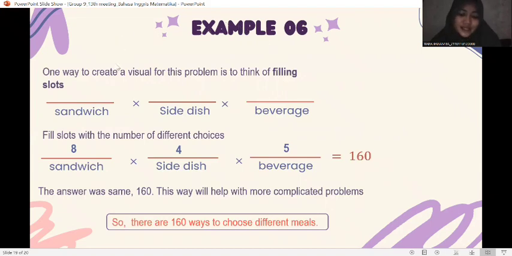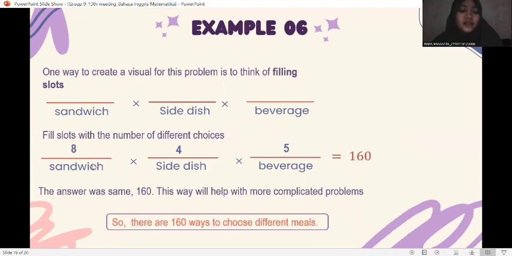Here is solution 2. One way to create a visual for this problem is to think of filling slots. Slot for sandwich times slot for side dish times slot for beverage. Fill each slot with the number of different choices.